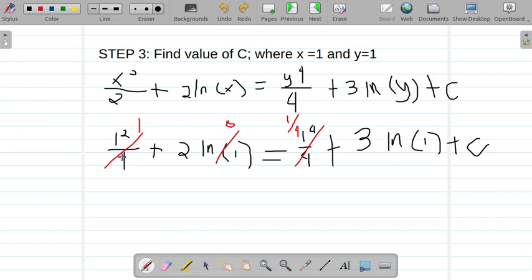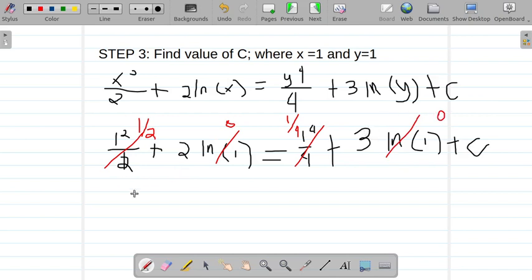This is 2. So, may mo ni siyang 1/2. Then, 3 ln of 1 is equals to 0. Multiplied by 3 is 0 gyapon. So, plus c.